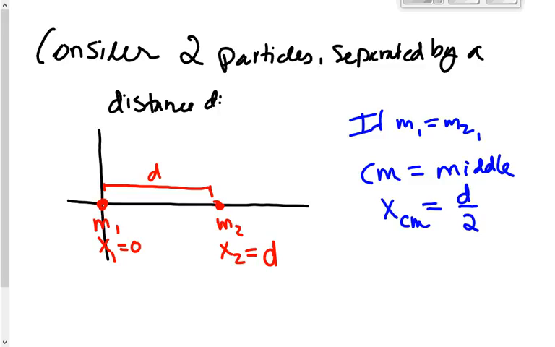If instead m2 is bigger than m1, where would the center of mass shift? Towards m2. And if m1 was bigger than m2, which way would it shift? Towards m1. So the center of mass is always going to be towards the bigger mass.